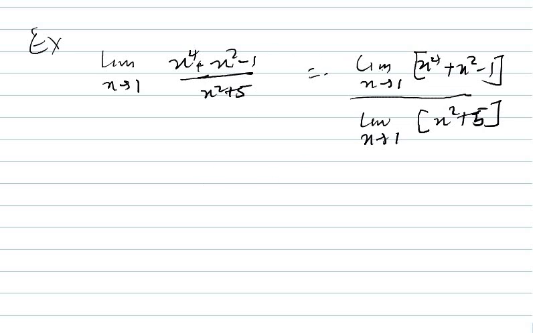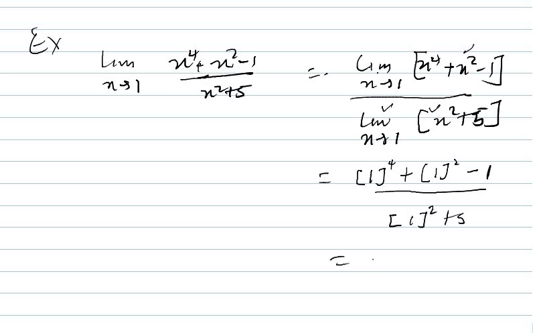Similarly, it's just substitution. You can distribute the limit over each term, but there is no need to do it here, we don't want to waste time. So we can just substitute: for x to the power 4 we have 1 to the power 4, plus 1 squared, and then minus 1, and for the denominator we have 1 squared plus 5.